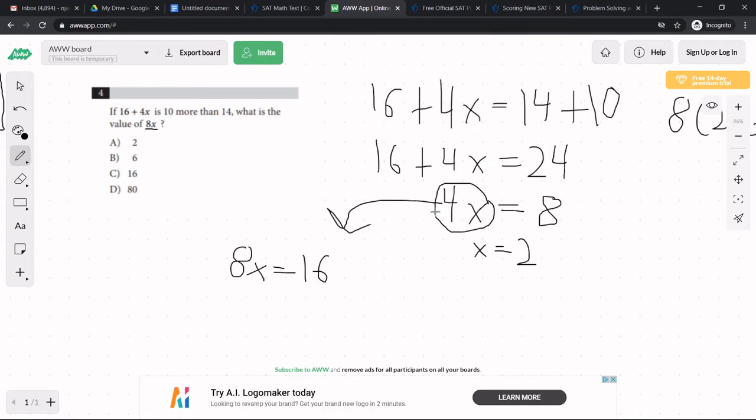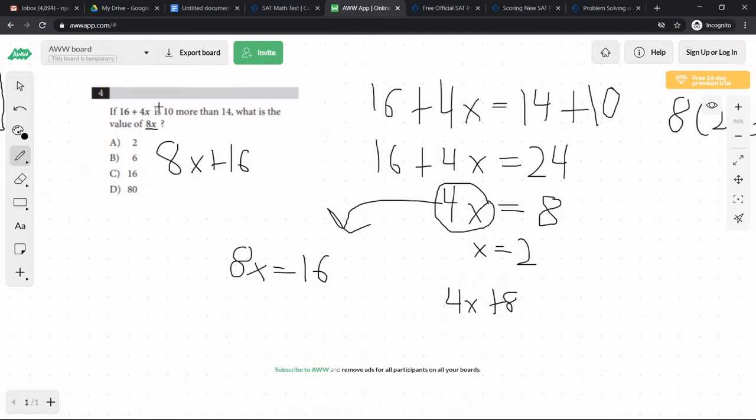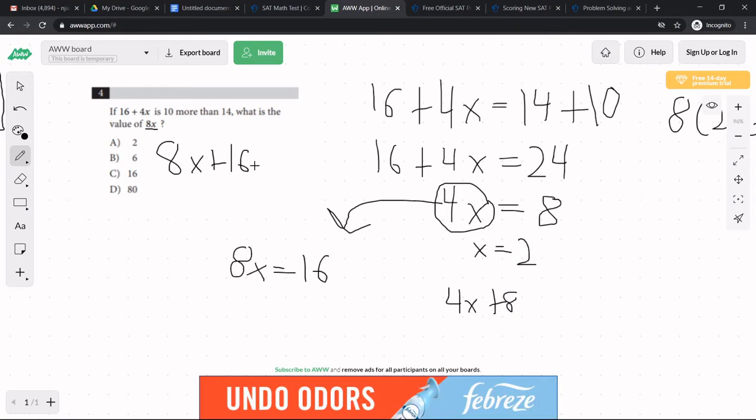For this particular equation, it wasn't that big of a time save, but if you were to have like 8x plus 16 and like 4x plus 8 here equals 8, you could have actually saved a lot of time just doing this, probably a solid 30 seconds, where you wouldn't have had to divide by 4 or subtract 8 and then divide by 4, plug it over here, multiply by 8, and then add 16.